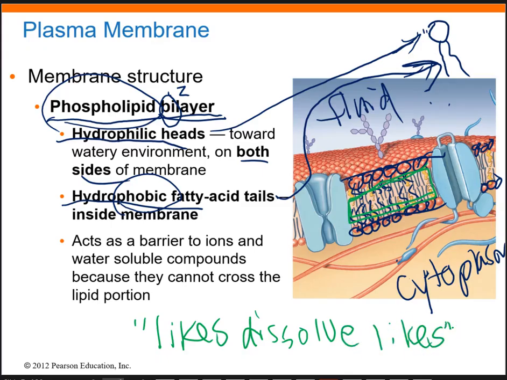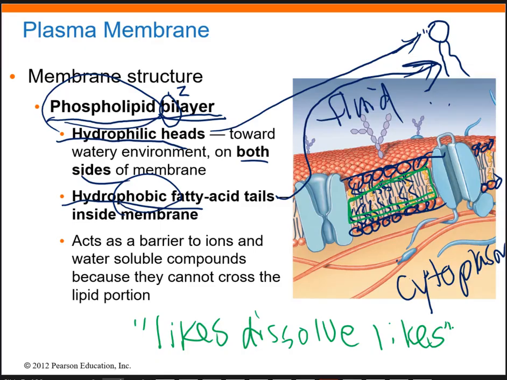This means that like compounds will interact with each other. And since water is polar, it kind of has charges. That means that other things with charges will interact with the water. They're perfectly fine. But things that are non-polar, things that don't have charges, will not interact with the water, okay?